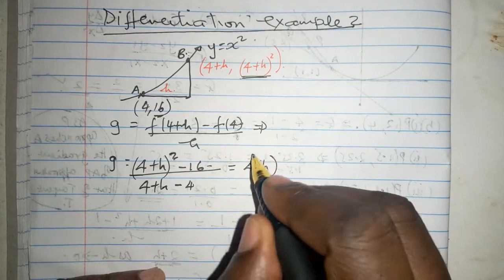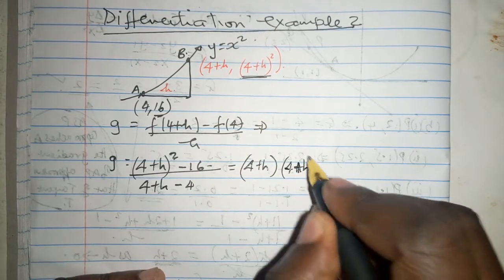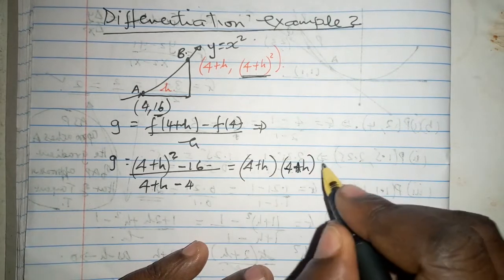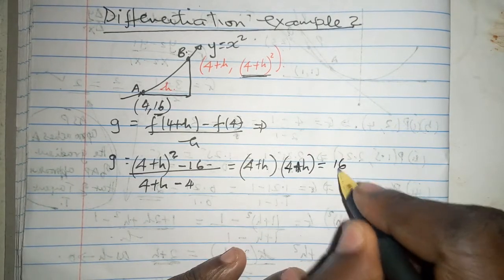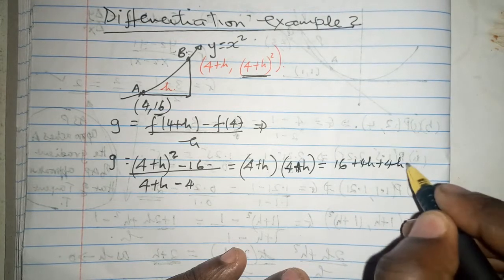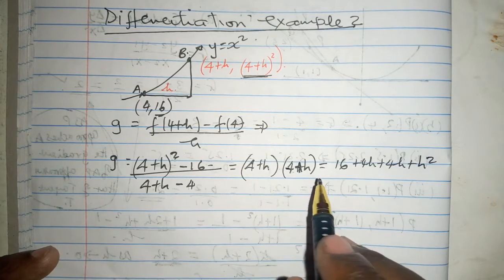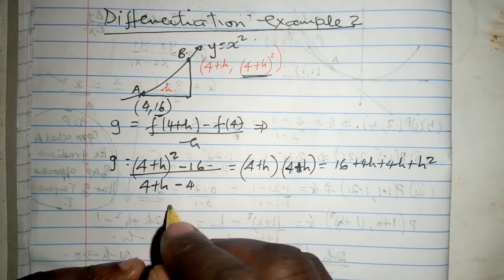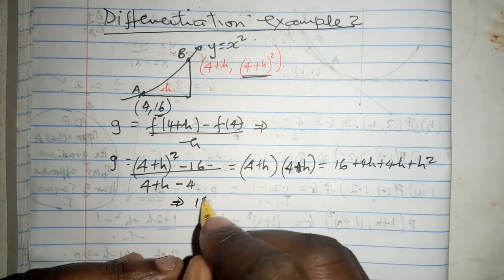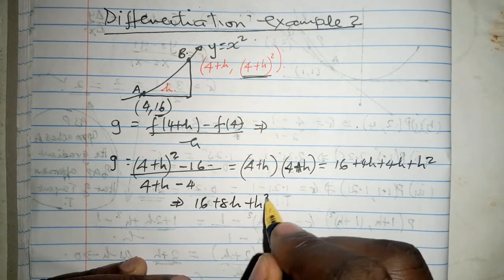4 plus h squared is simply 4 plus h multiplied by itself. Opening the brackets using FOIL, we have 16 plus 4h plus 4h plus h squared. That is as far as the bracket opening is concerned. So at the end of the day, we have 16 plus 8h plus h squared.